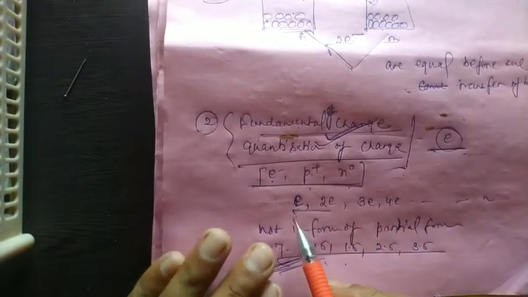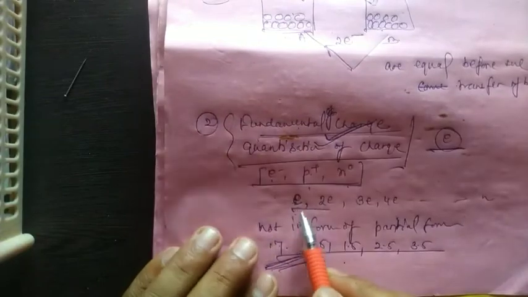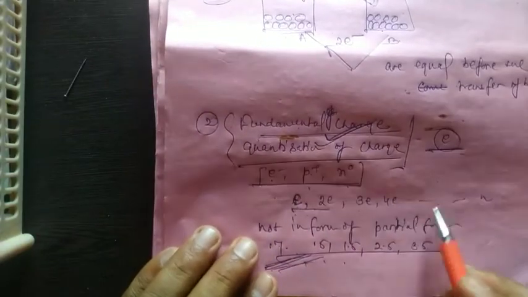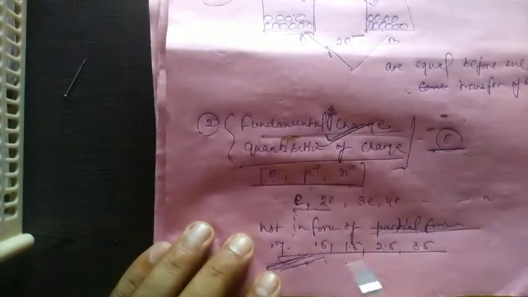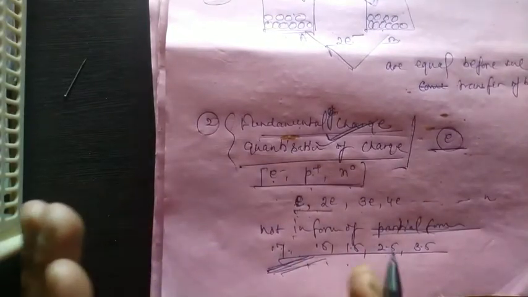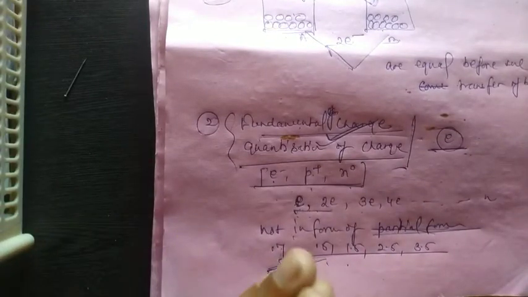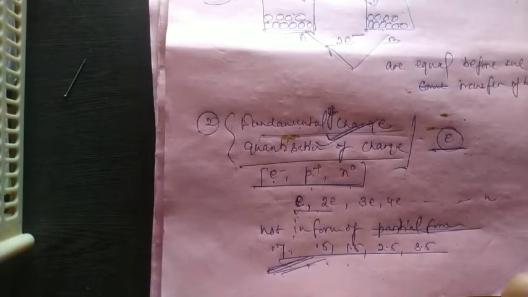The charge will be in the form E, 2E, 3E, 4E, and not in partial form, or it cannot be divided in indefinite form. This property of electric charge is known as the atomicity of electric charge, or the quantization of electric charge.